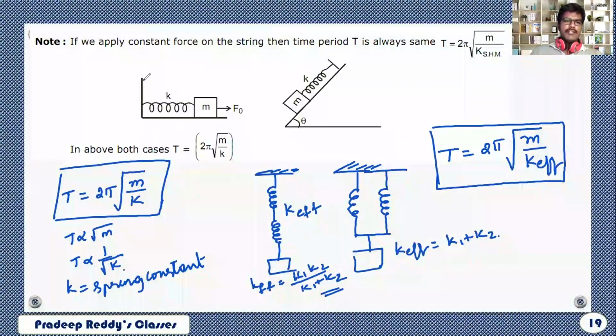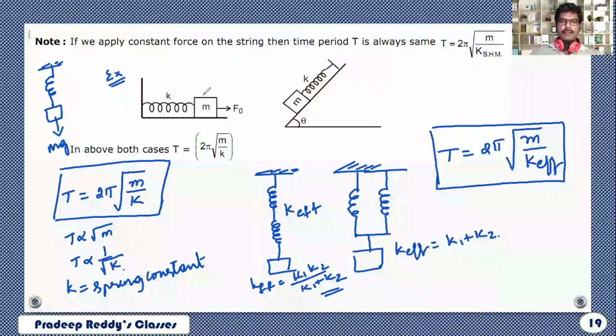Likewise, this is one more example where you have a mass attached over here and there is a force which is acting on the right side. If the mass is attached vertically to a spring, there is a gravitational force which is acting in the downward direction.